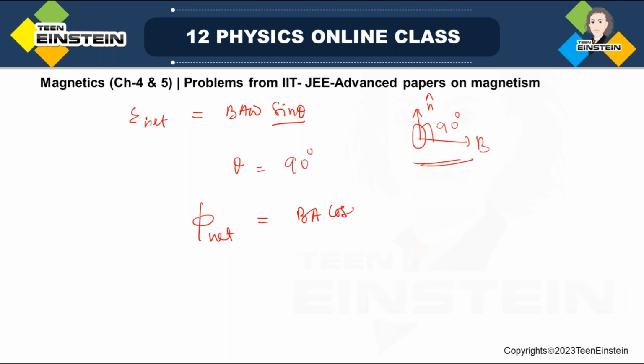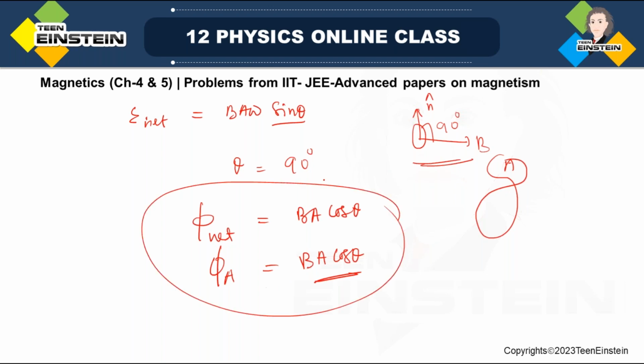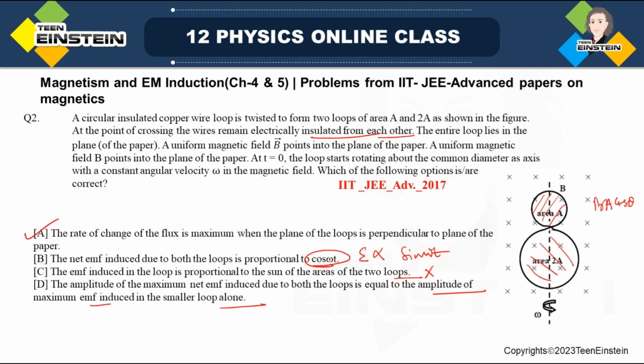And for the loop A also we will get the same thing. The smaller loop alone gives the same magnitude, so net induced EMF is the same as the magnitude of the EMF produced by the smaller loop alone. Okay, that is true. So this D option is also true.